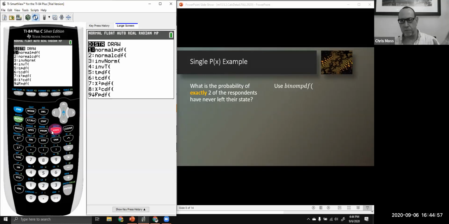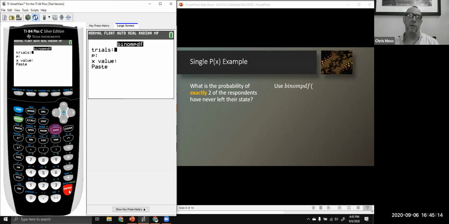We're going to go to this list a lot as we go through the balance of the semester. I'll scroll down a ways. Eventually, I'll see a couple of binomial distributions. Binomial PDF, I'll select that one there, I'll hit enter.